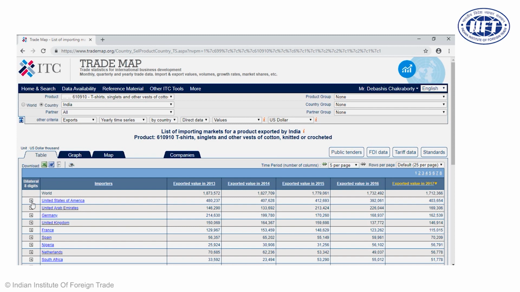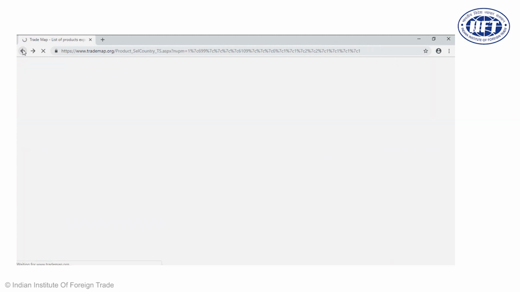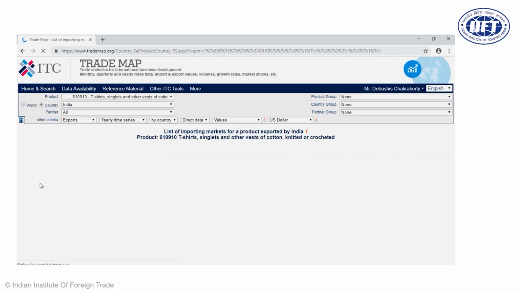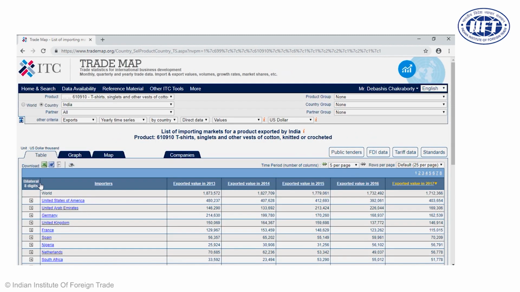That is, if you click on the plus sign beside an HS 4-digit code, just like the example we followed, after clicking on 6109, we get 610910 and 610990. Now, if we click on 610910, instead of the plus sign, we get all the countries who import a product exported by India. This is a yearly time series output that we are getting.